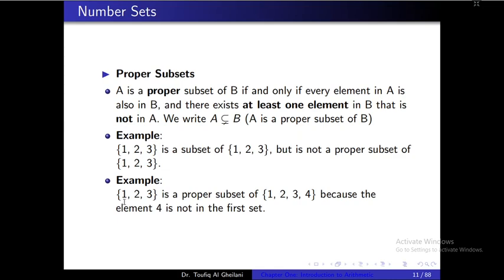Look, let's take another example. 1, 2, 3 is a proper subset of 1, 2, 3, 4. Why? Because there is at least one element here, which is 4, not included in the first set.